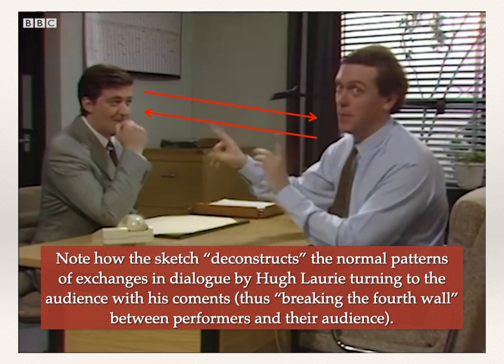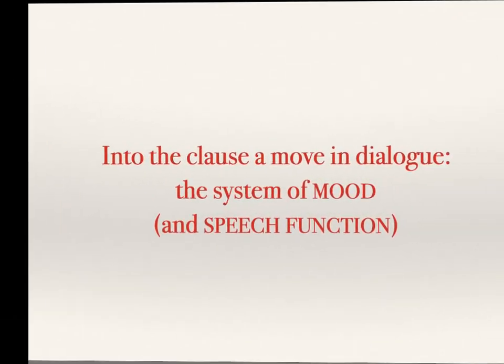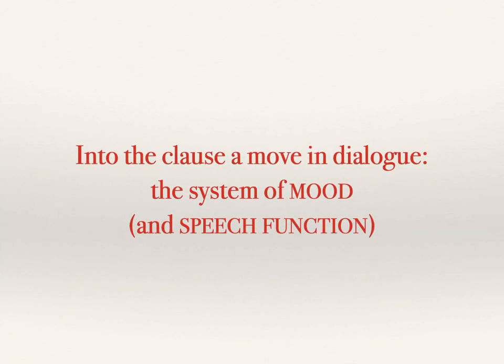Okay, enough of an interlude. So taking a step back now, we're moving into the clause in dialogue. And the key system now, the most important system, is the system of mood, just as when we looked at the clause as a message, the key system was the system of theme.